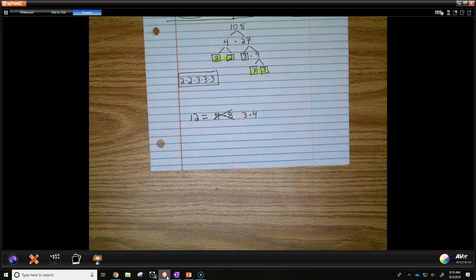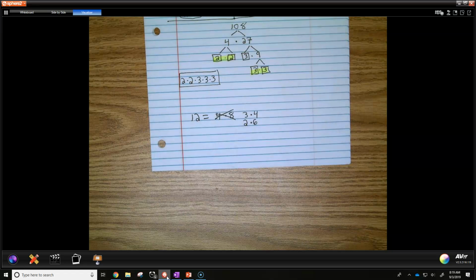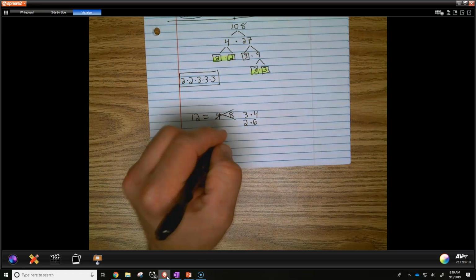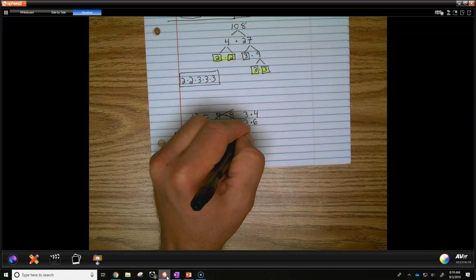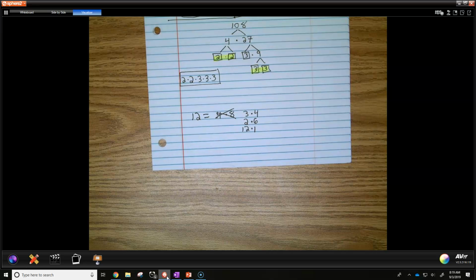So one of the factor pairs of 12 is 3 times 4. 2 times 6. 2 times 6 are factor pairs. Yep. 12 times 1. These are factor pairs. Factor pairs are just numbers that go together to give you a set given number.